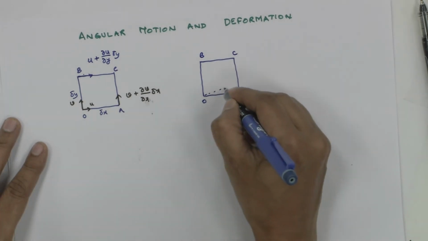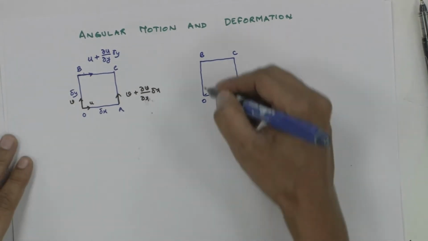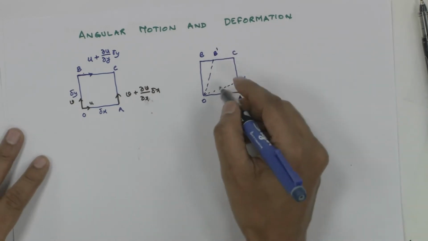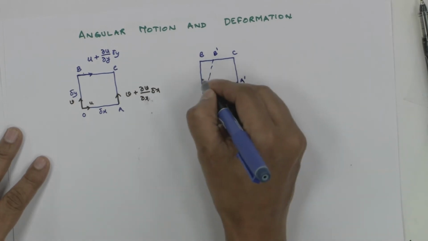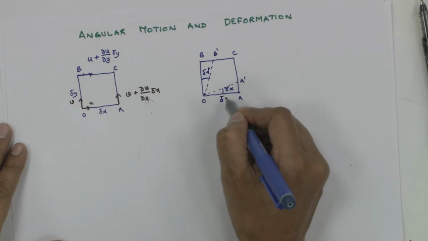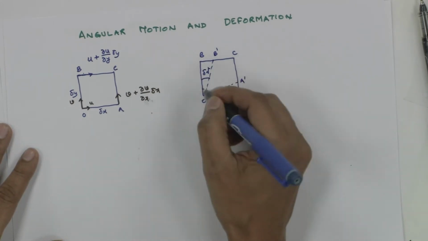OA becomes OA prime and OB becomes OB prime. That is, OA has rotated by delta alpha and OB has rotated by delta gamma. Notice that OA has rotated anti-clockwise and OB has rotated clockwise.